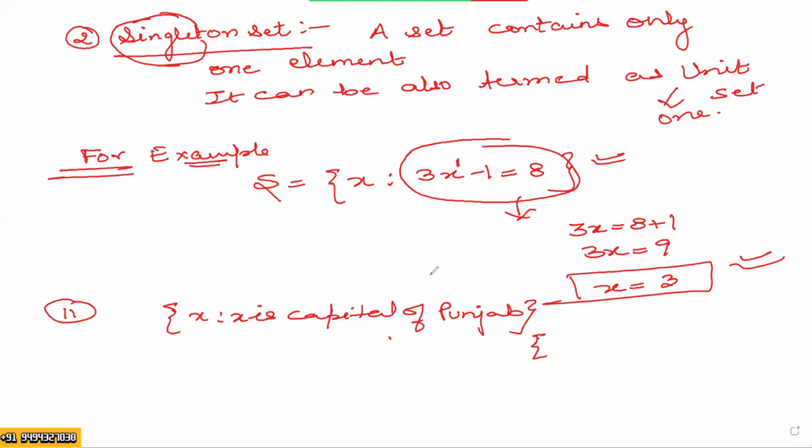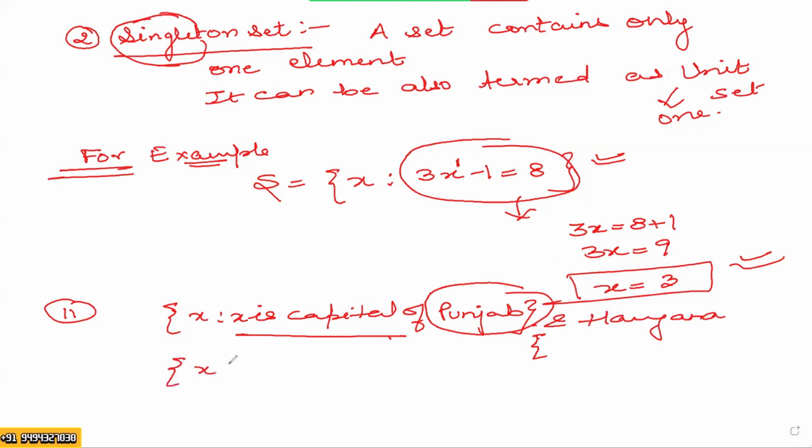But in this example, I have mentioned only one state, that is Punjab, not Haryana. If I had mentioned Haryana, then it would not be a singleton set.